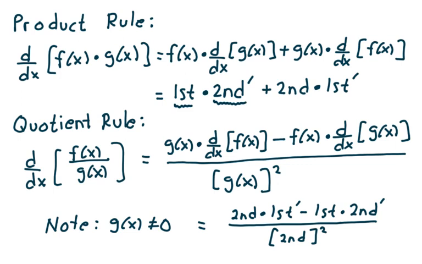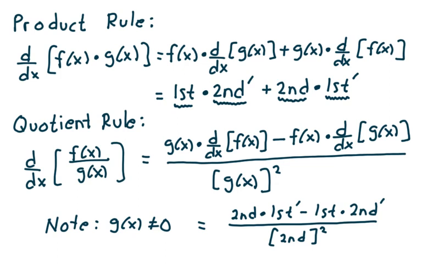And the second function is represented by g of x. And then I'm going to go plus the second function, g of x, times the derivative of the first function with respect to x. And remember, the first function is represented by f of x. It's a way to perhaps help you remember.